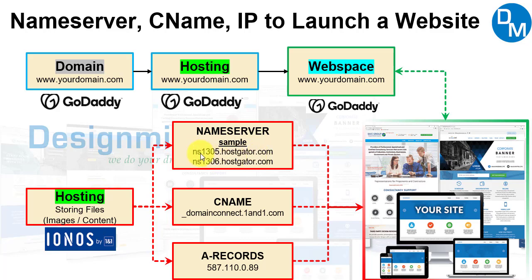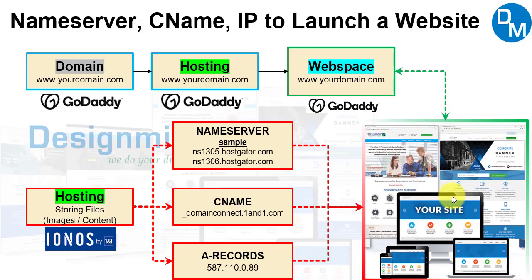If you update this name server setting, whenever the user types your domain, it automatically points to the hosting system, takes all the files and content, and shows your website. This is the way the domain will take the website from another hosting provider and show your website information to the user.